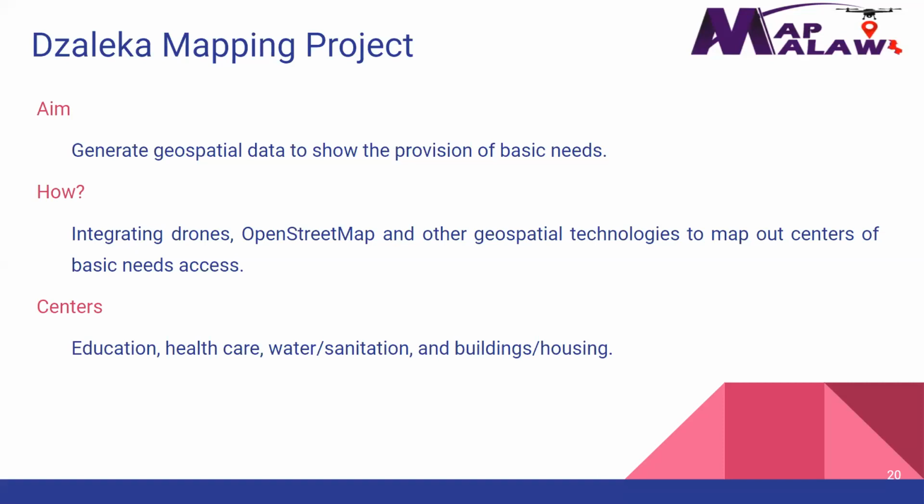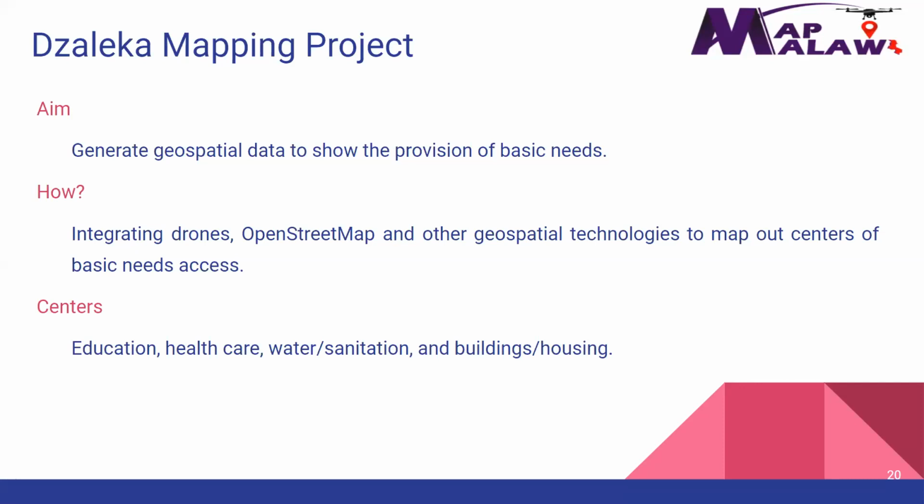These centers could either be education centers, healthcare centers, water points, housing, or buildings. So we will collect relevant statistics as we're mapping to represent and give a picture of the extent that people living in the camp actually have access to the different amenities that we're going to map out.